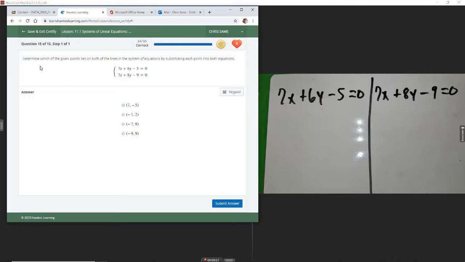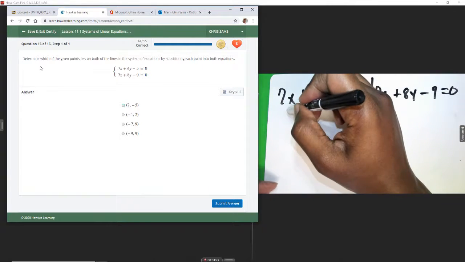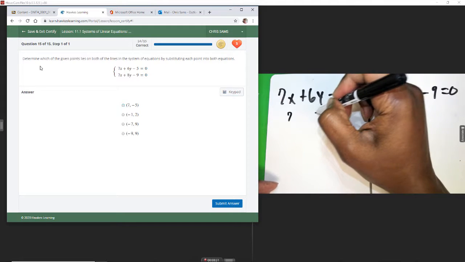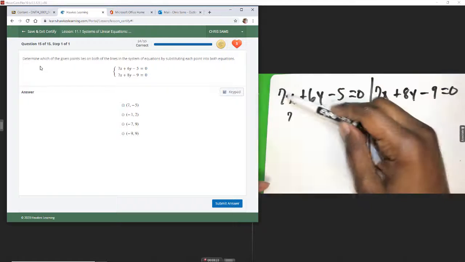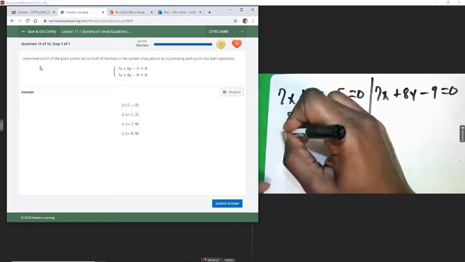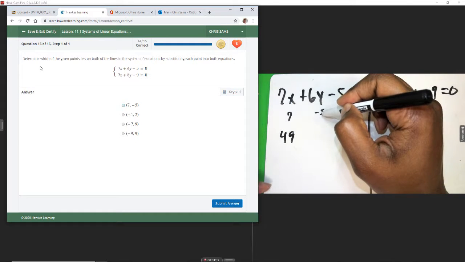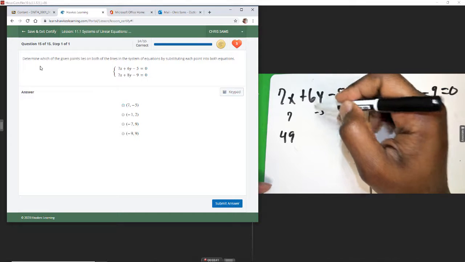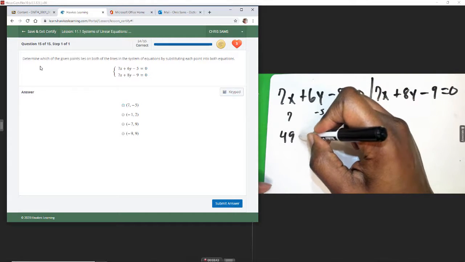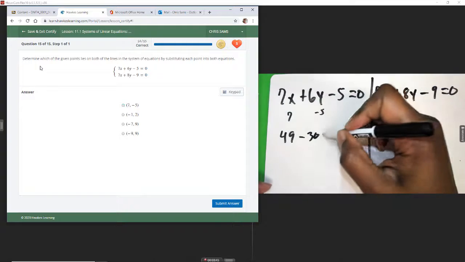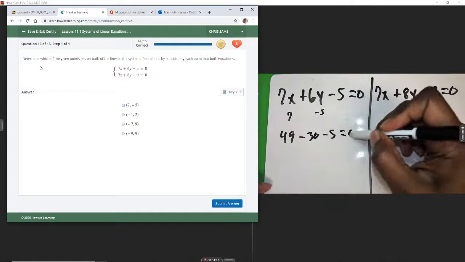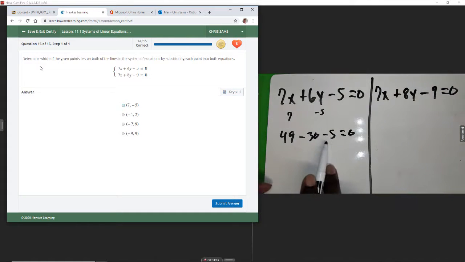All right, so 7, negative 5. So 7 times 7 will give me 49. 6 times negative 5 will give me negative 30 minus 5. If I combine those, it'll give me a negative 35.